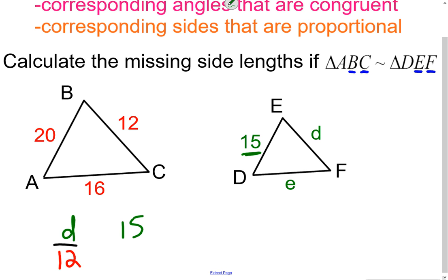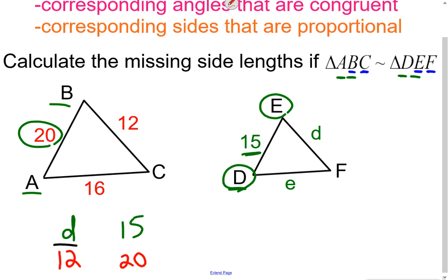Well, that's in between vertex D and E. So when I look at D and E, that's going to have to match up with A and B. There's my A, my B, so it's going to have to match up with the 20. So I have my two ratios. I know that my sides are proportional, therefore those are equal. And now it's just a matter of solving that proportion, and I'll have it.